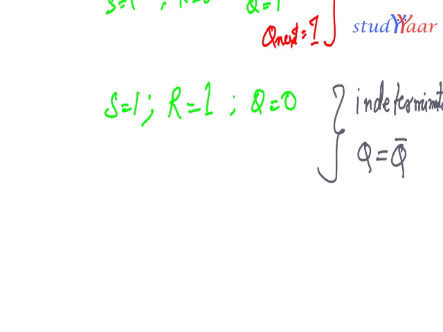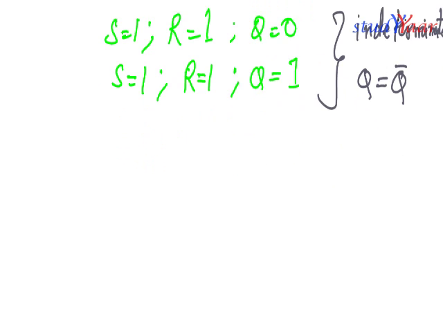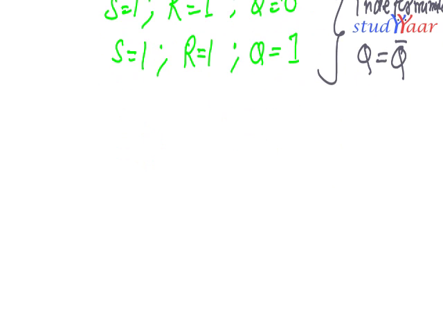So I call this an indeterminate situation and I should not have this as input. The same thing happens when s is equal to 1, r is equal to 1 and your q is equal to 1.